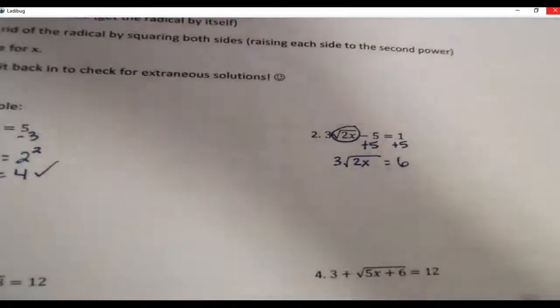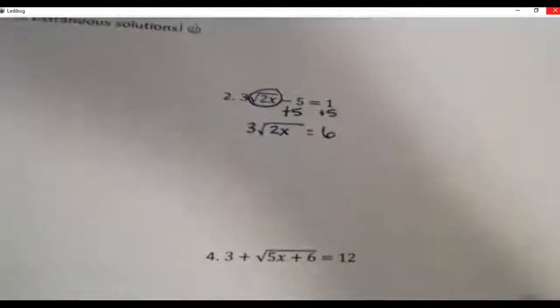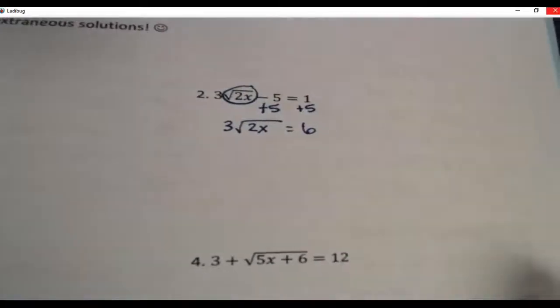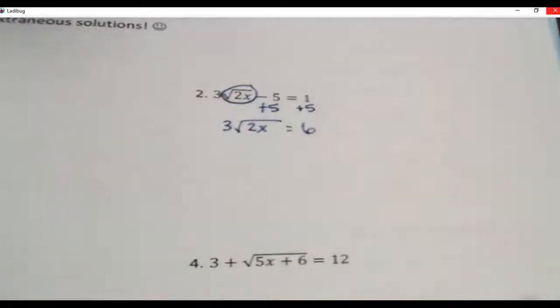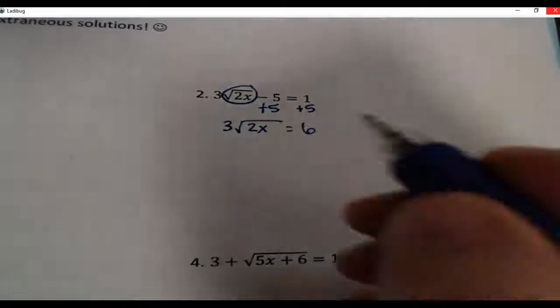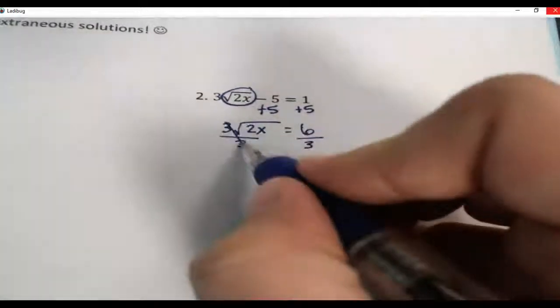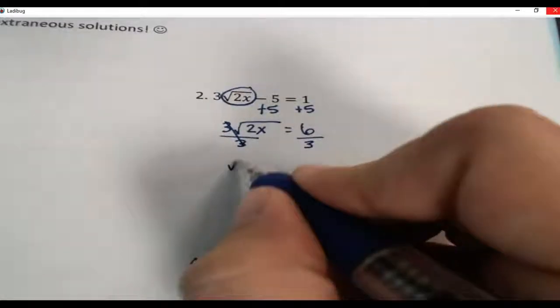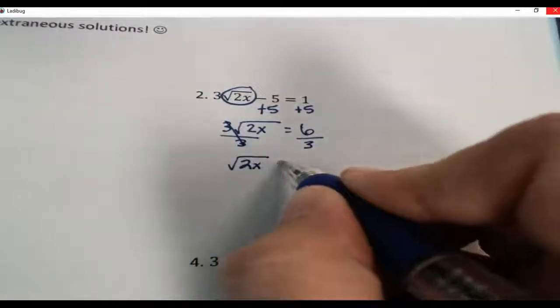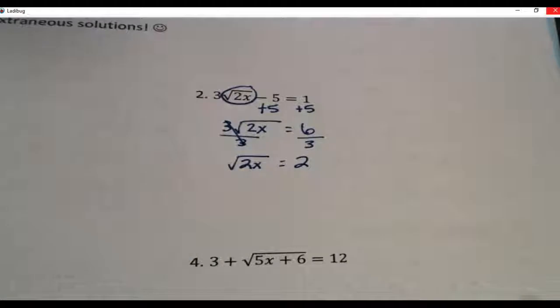Okay. So then it's 3 times the square root, so how can I move that 3? Good, divide. So then our 3's cancel. So we have square root of 2x equals 2 again.